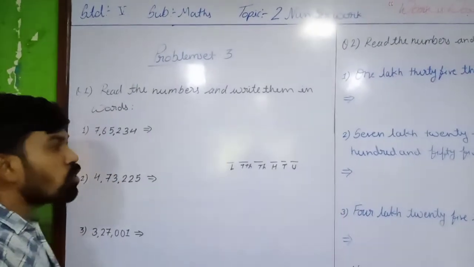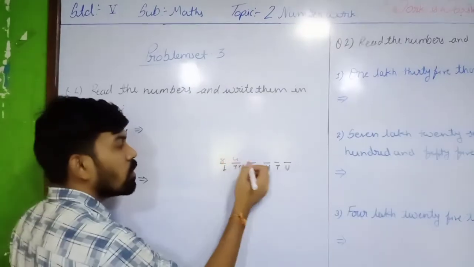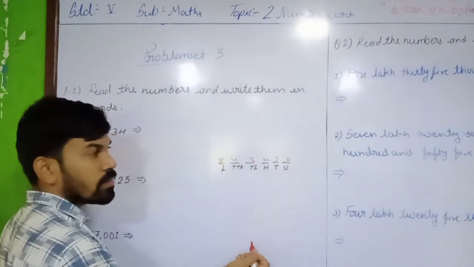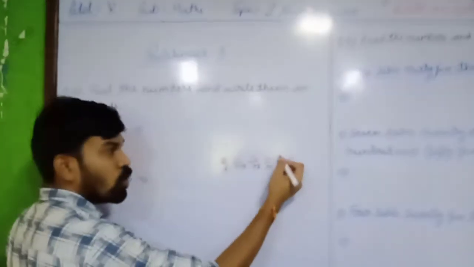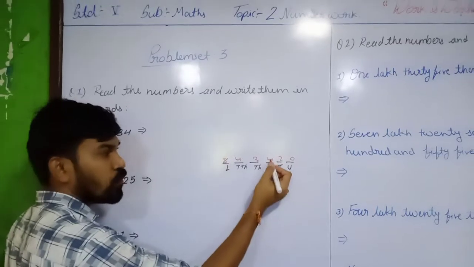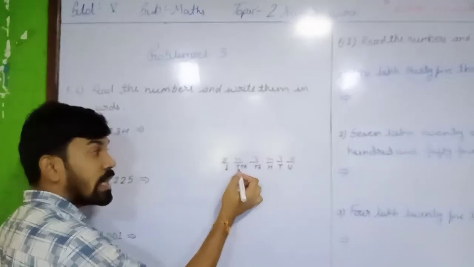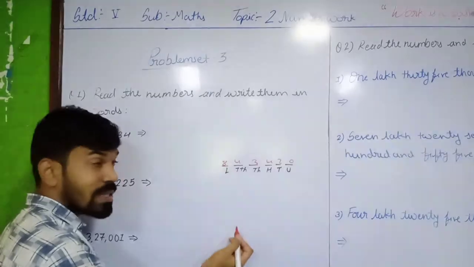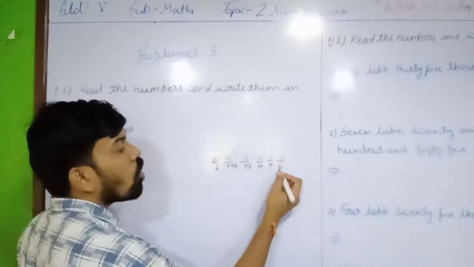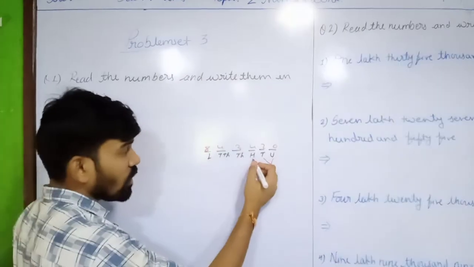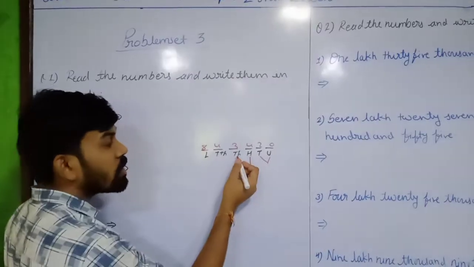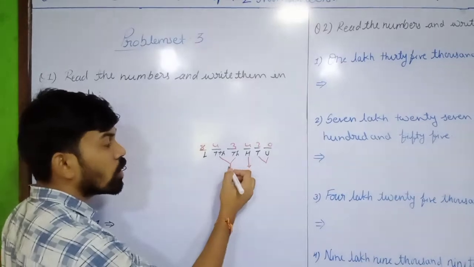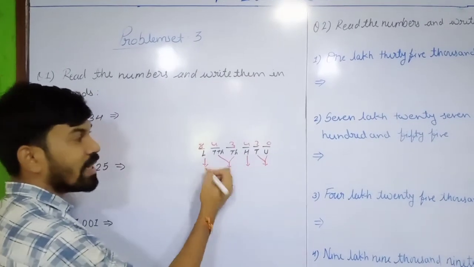So how could that happen? Take an example. Unit is 0, tens is 2, 100 is 4, 1000 is 3, 10,000 is 4, lakh is 8. As we learned, unit and tens are read together, 100 individually, 1000 and 10,000 read together, and lakhs individually.